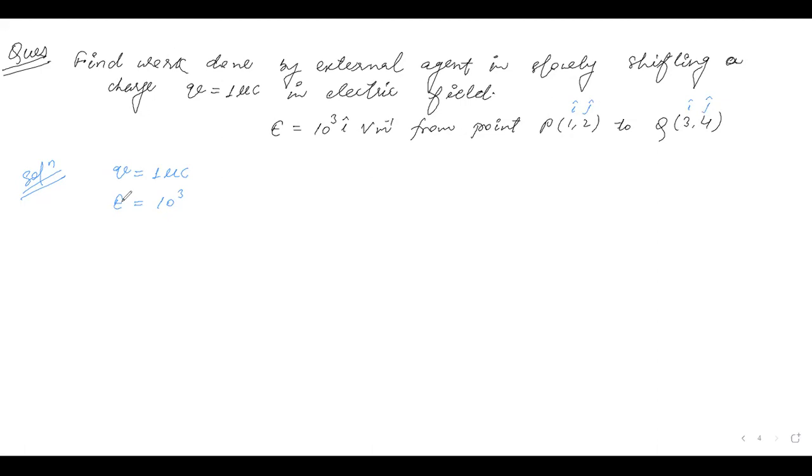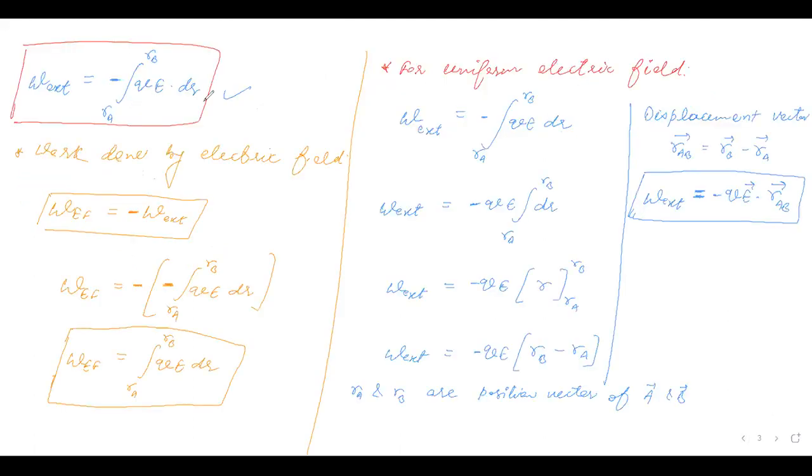Yes, sir. Okay, right. So we can write here the equation of W external, the work done by the external field, is minus of Q into E. We have this equation here. You can look at here. This is your equation also.